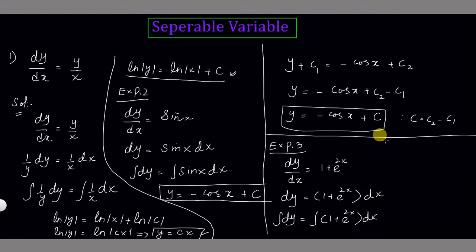And what we will get at the end is y equals x plus e raised to the power 2x divided by 2 plus c. So this is our final answer that we can get easily from this differential equation.